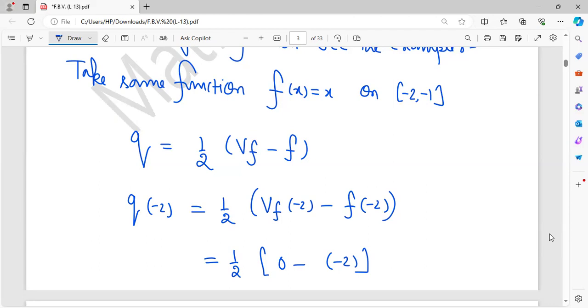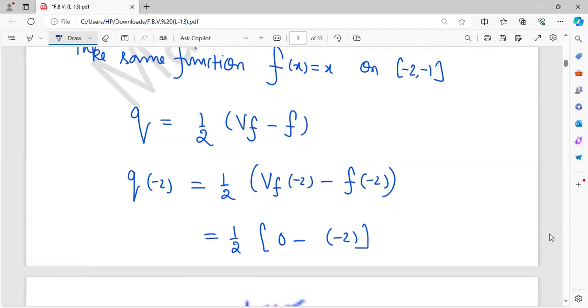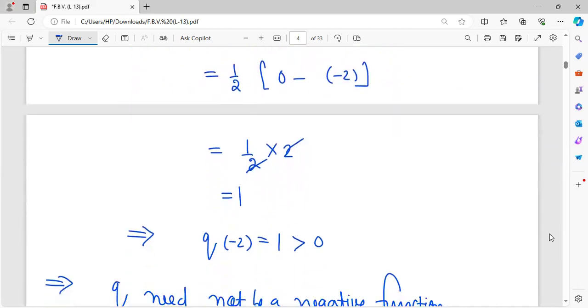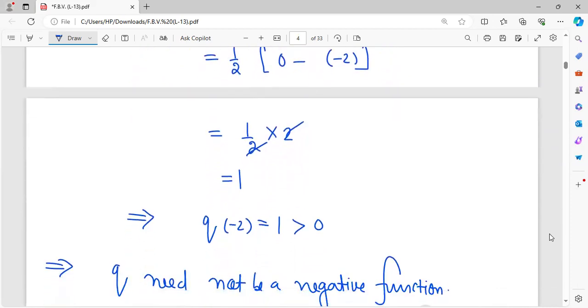It is -2, so with the minus sign it will be positive 2. So 2 upon 2 is 1. So we have value 1 of Q at -2, that is positive. Although Q has the name negative part of F, actually it is giving a positive value at -2. It means Q need not be a negative function.